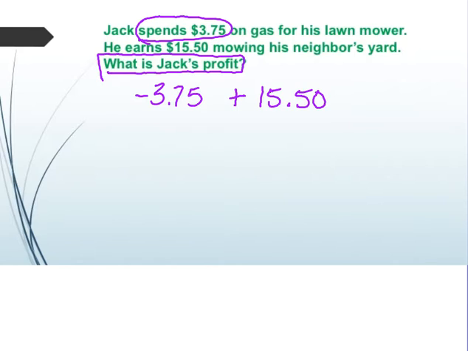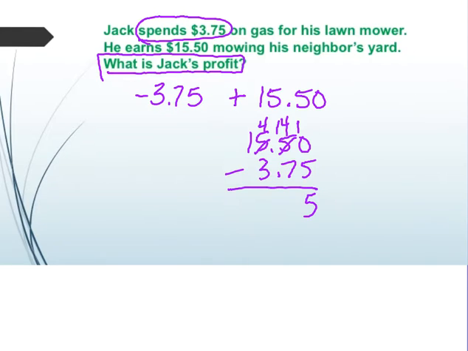So there's my equation. My negative 3.75 plus the $15.50 he made mowing his neighbor's yard. Big minus small. And we subtract. Get it all set up. 10 minus 5 is 5. 14 minus 7 is 7. 14 minus 3 is 9.